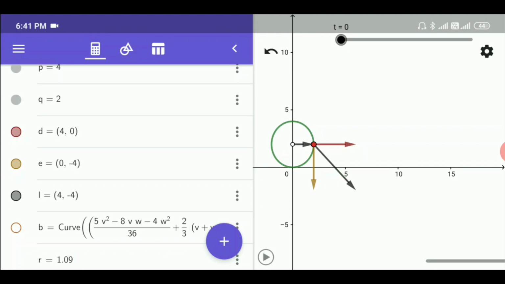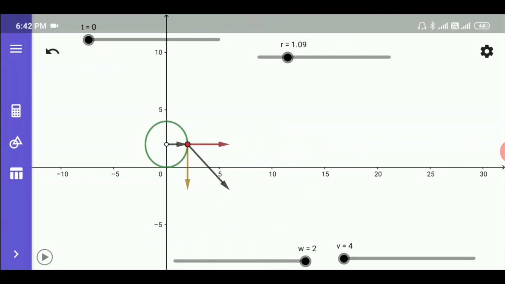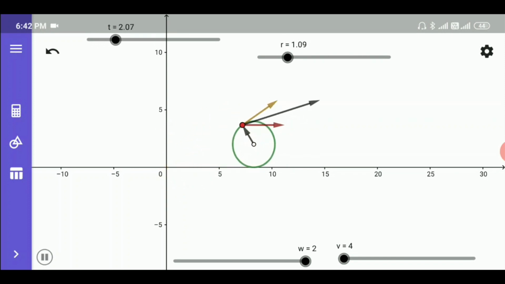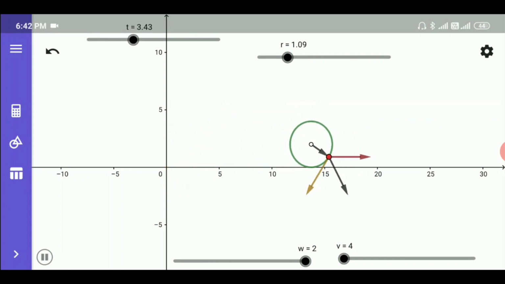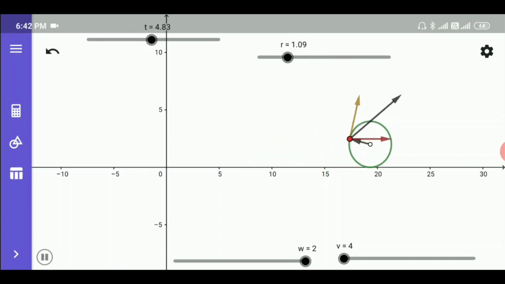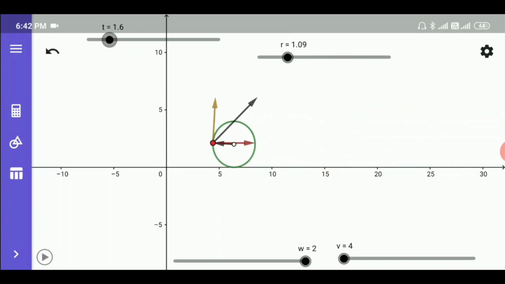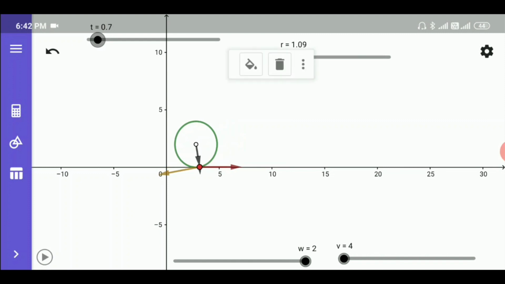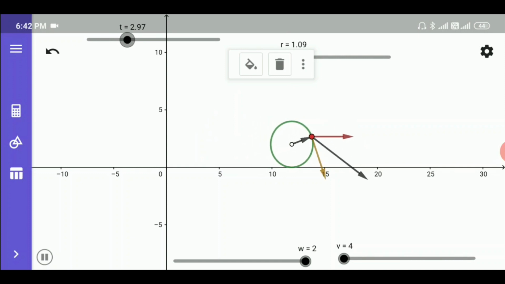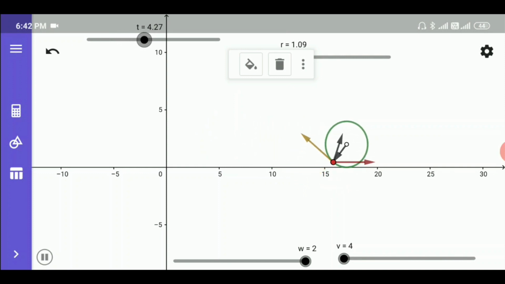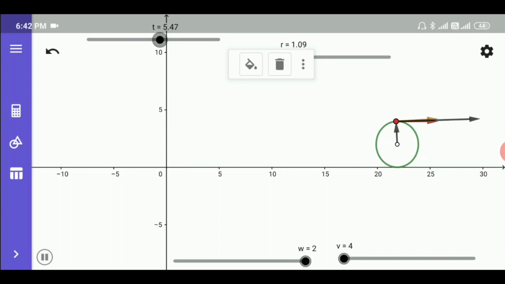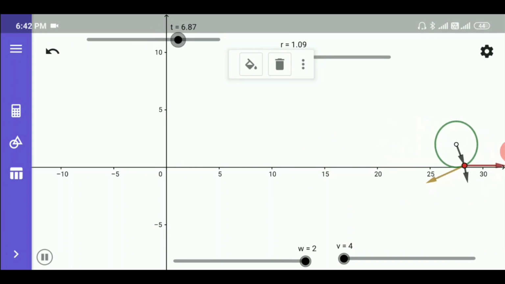So we are almost ready to make the disk roll. You can start here. Look how it rotates and rolls in the positive x direction. Wind this back and you can see it again. Now the most important thing to note is when the red point comes to the bottom and becomes the point of contact with the surface, as we discussed previously.